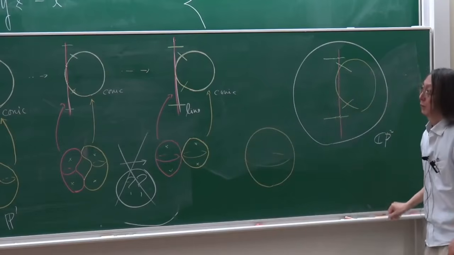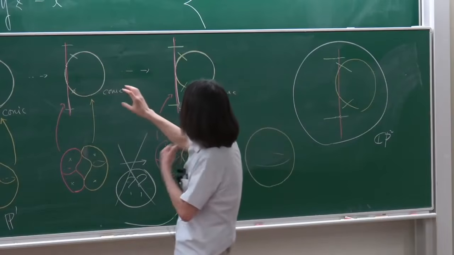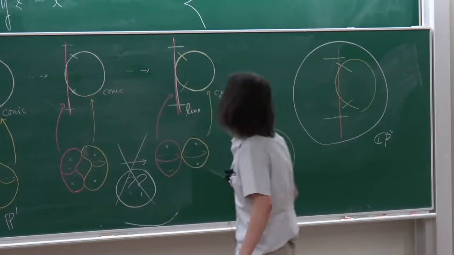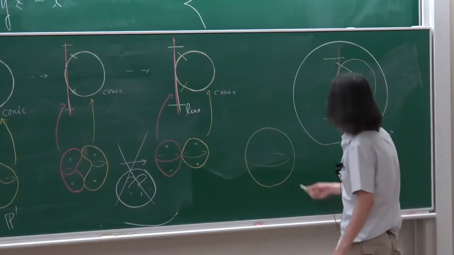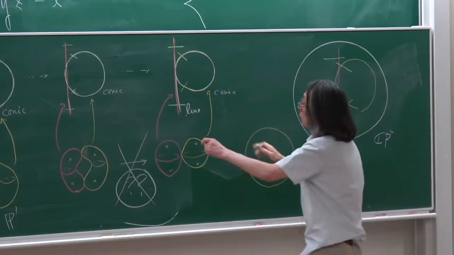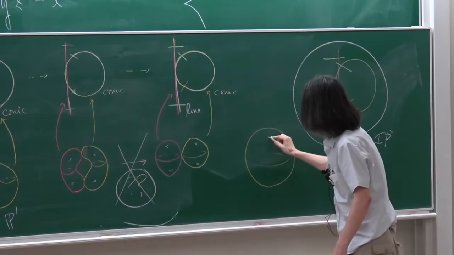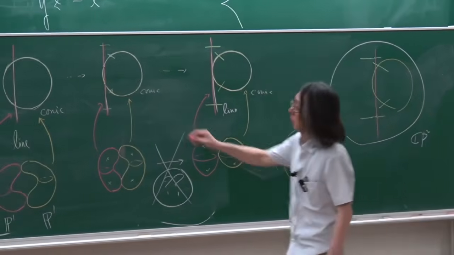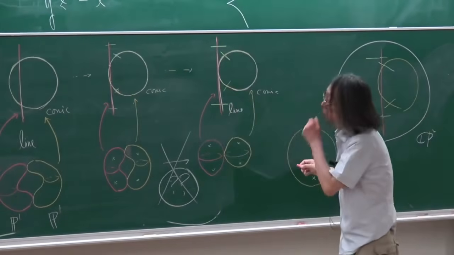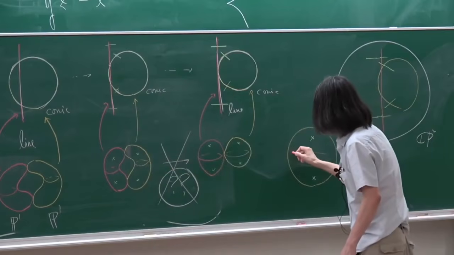Then just fix this parameter. I just look at this picture itself, and then I have points here and here. This one is fixed, so I have fixed 2 points somewhere. But now I have 2 mark points, and my 2 mark points correspond to these 2 points.